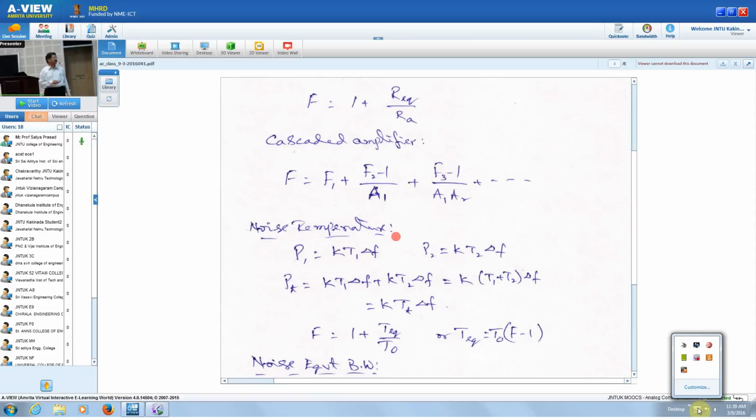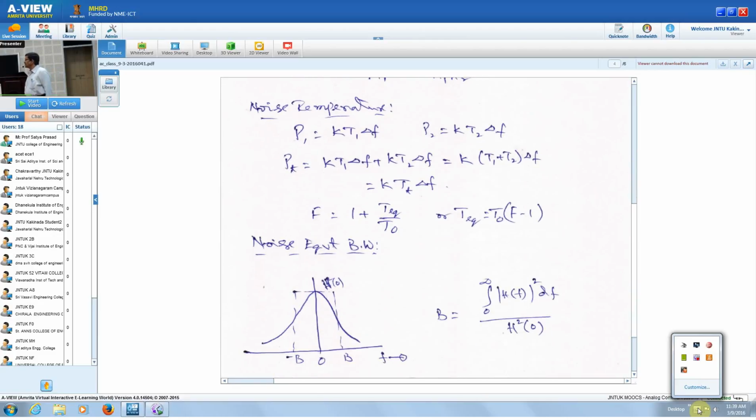We said that at one temperature T1, the power is KT1 into delta F. At another temperature, P2 is KT2 into delta F. Combined, you have KT1 delta F plus KT2 delta F, or the combination of this is K TT into delta F, where TT is T1 plus T2.